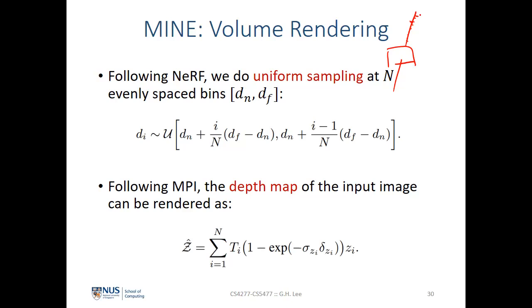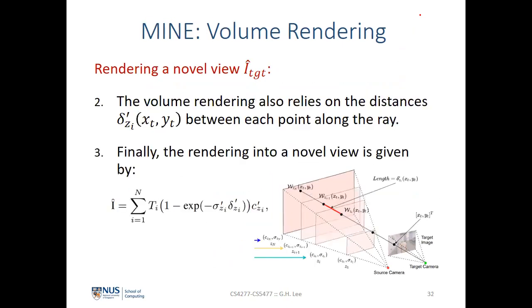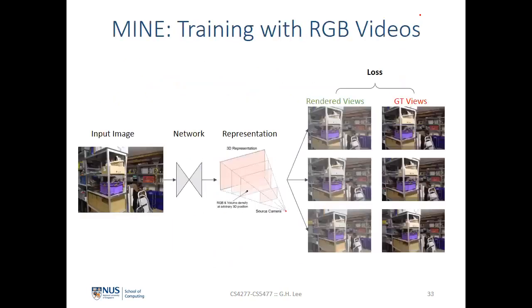All these are the math. I will skip this because you already know all this. When you have a new view, you just warp it and then render it back using the rendering equation here. Here are some of the losses that we use, where you have a rendered view and the ground truth view.